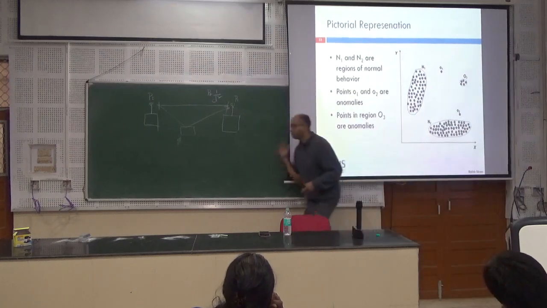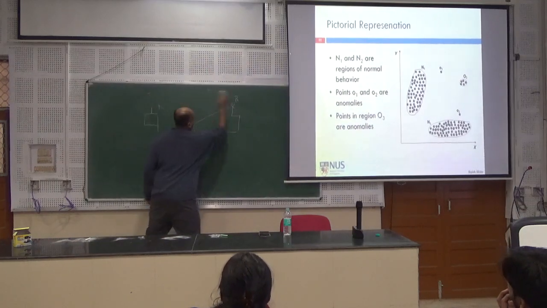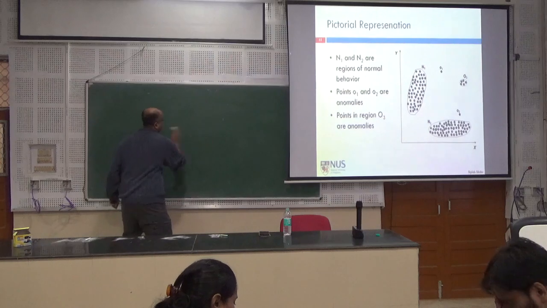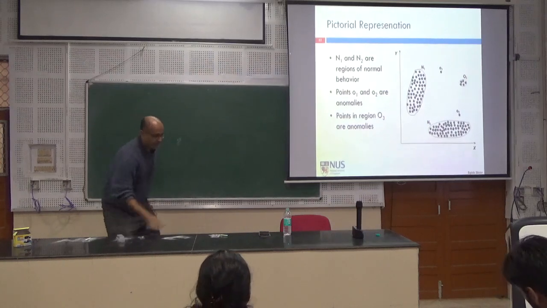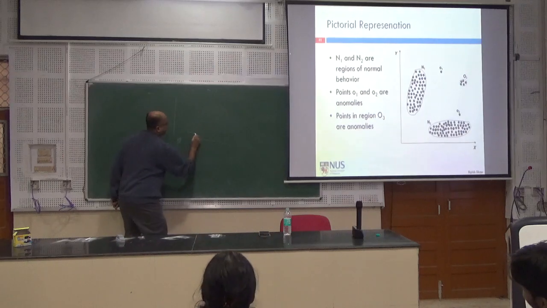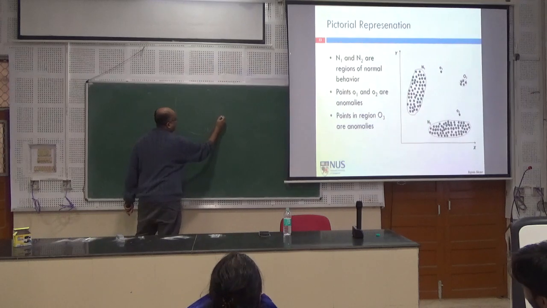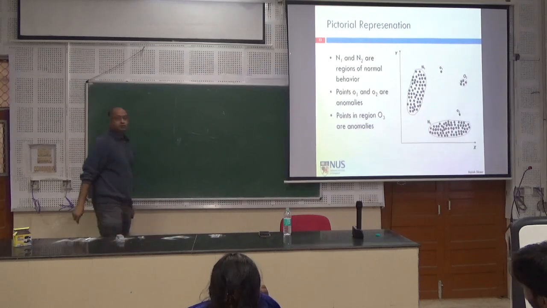Let's use a board. I don't like waving my finger. So this is what it is. Let's say this is my normal, and I have a point here which is abnormal.